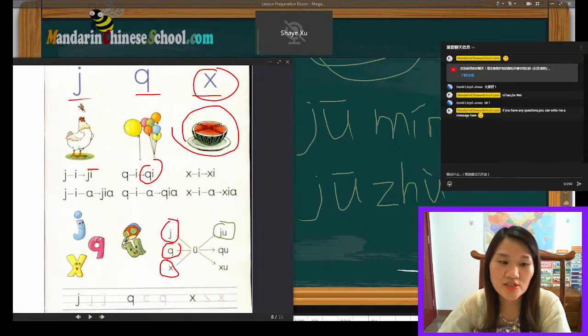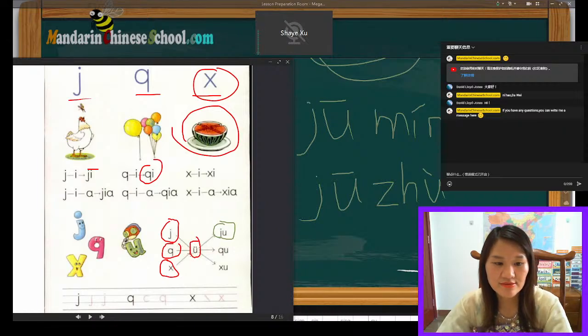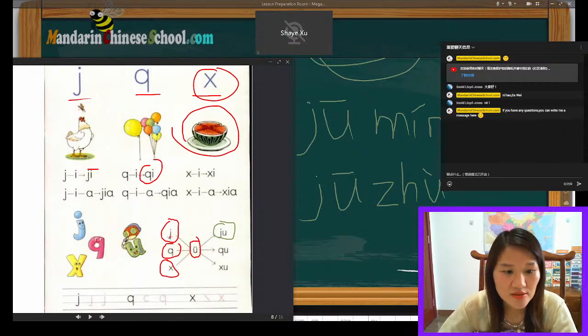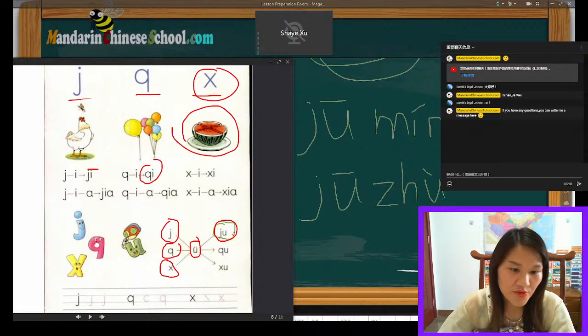These three initials with the ü sound, when you see them, they all write like this. They will not write the two dots here.